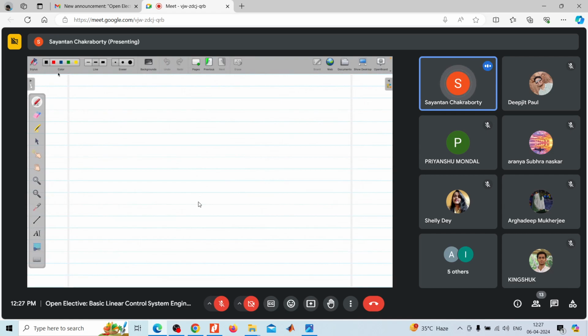So for that, first you consider a step input. So for a step input, you have R(s) is equal to 1 by s. So you can write e(infinity), that is defined as e_ss.